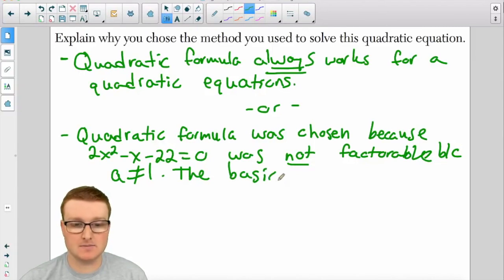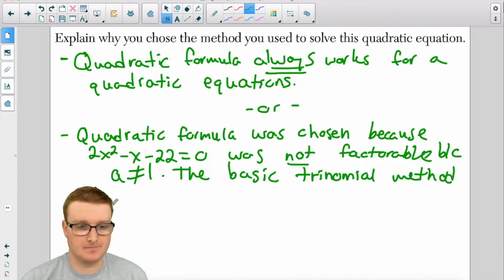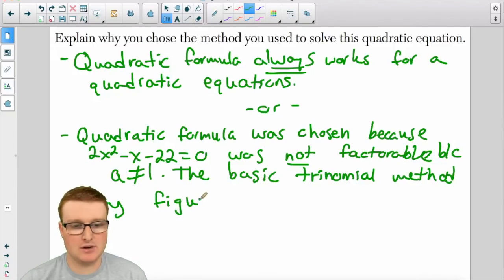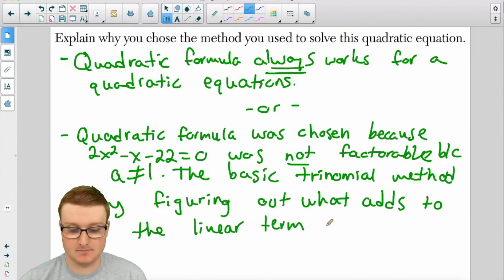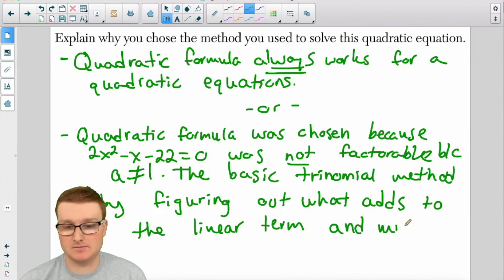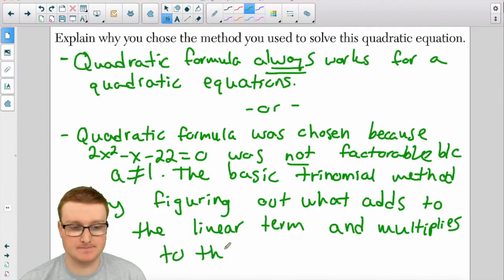The basic trinomial method, by figuring out what adds to the linear term, meaning the middle term, and multiplies to the constant term, did not work.